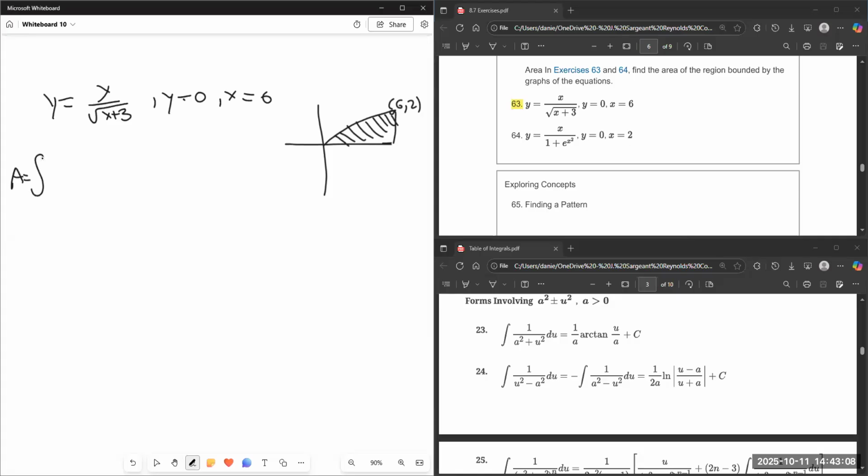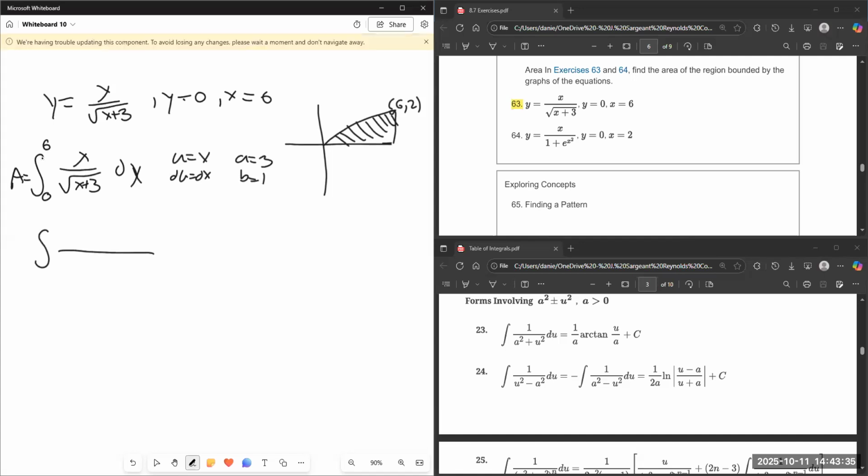My area is going to be the integral from 0 to 6, x over root x plus 3 dx, and u will be equal to x, du will be dx. I'm going to have an a value of 3 and a b value of 1 for something that looks like the integral of u du over root a plus bu.